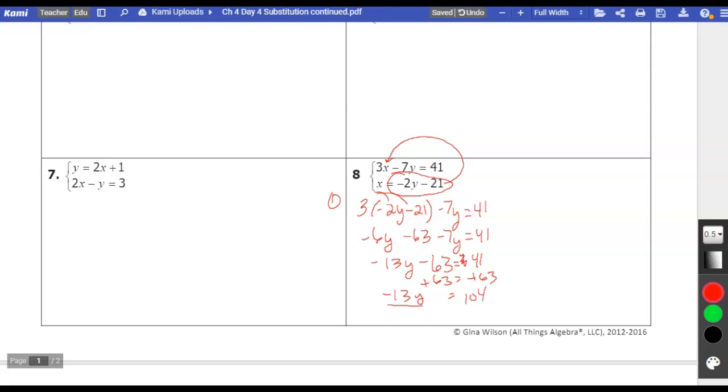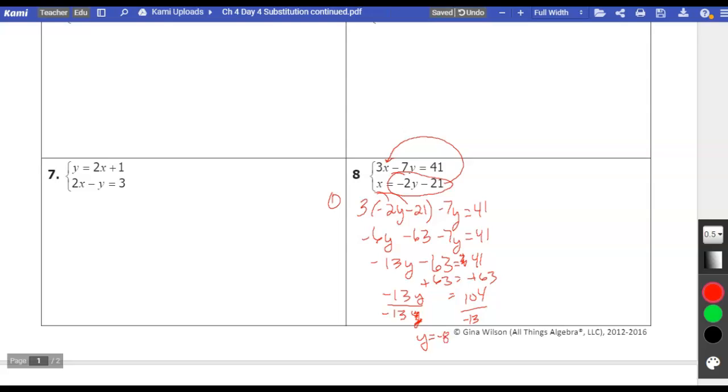And you've got to be careful here. Second time I'm actually doing this problem out, I had to edit something out. But you divide by negative 13, because that changes it. So that is a negative 8.